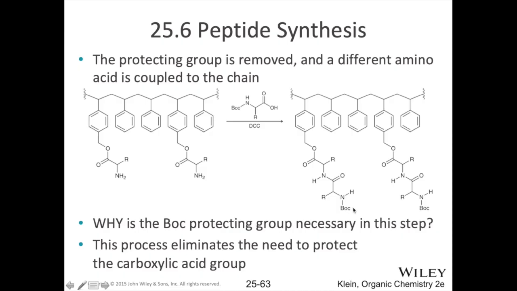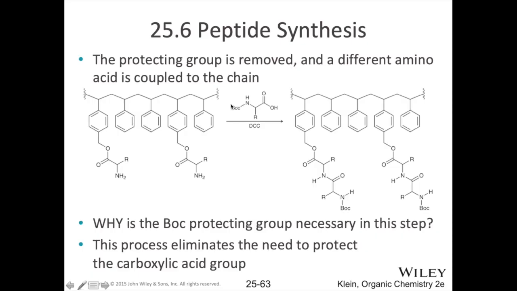Now, obviously you've probably picked up that we're still protecting and deprotecting those Boc groups on the N terminus of our amino acids, but note that we do not need to protect the C terminus. The C terminus is completely left open, because it's constantly being used to extend the chain, and that's what we're reacting with, we don't need to worry about any side reactions.